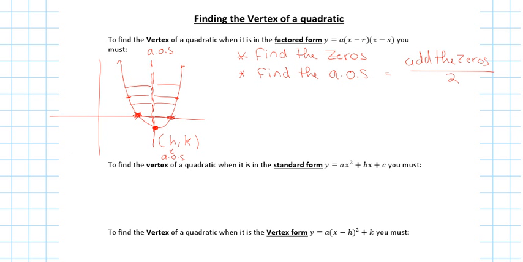Then you are going to find the optimal value by subbing the axis of symmetry into the x in the equation.